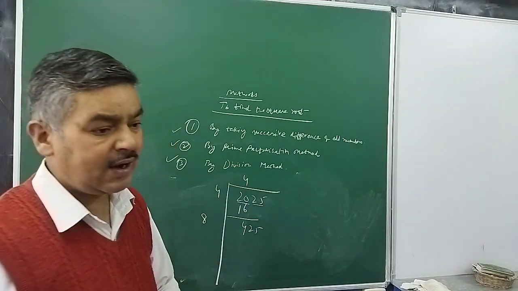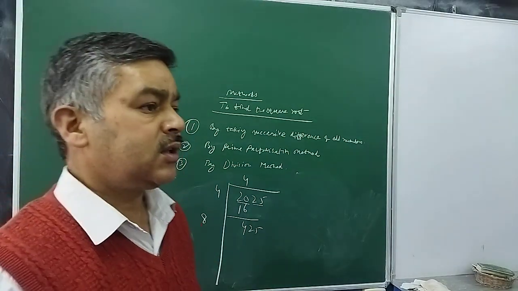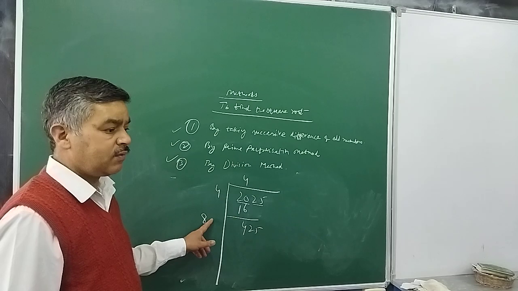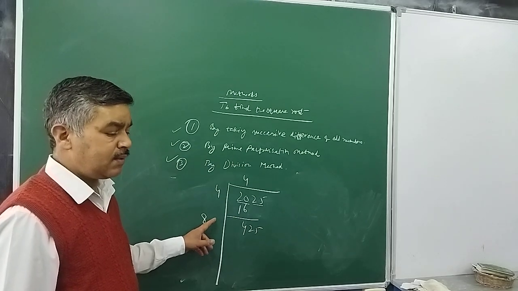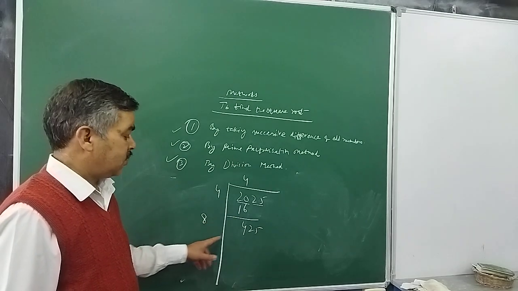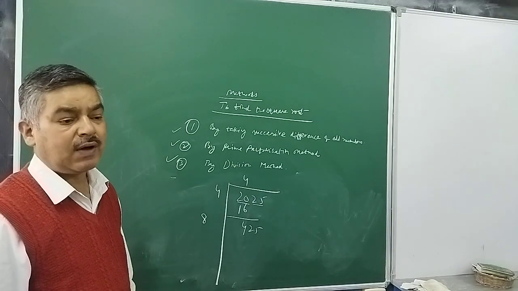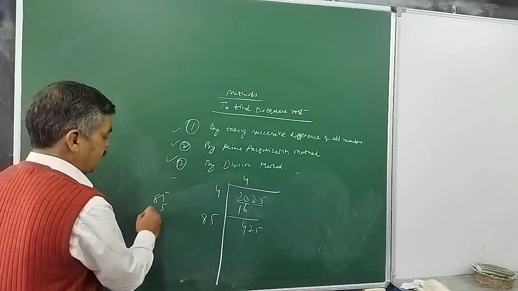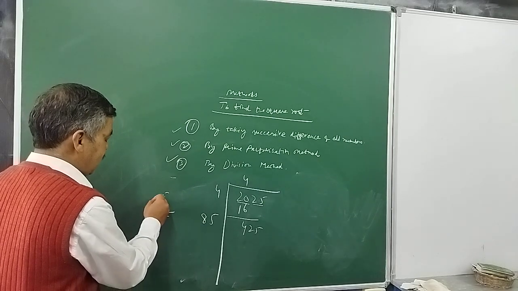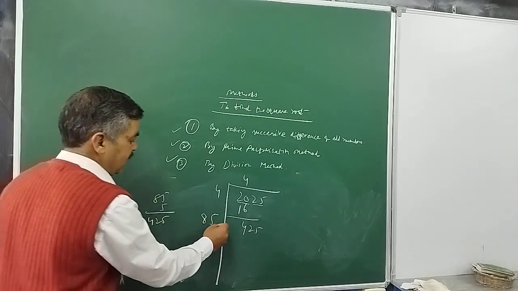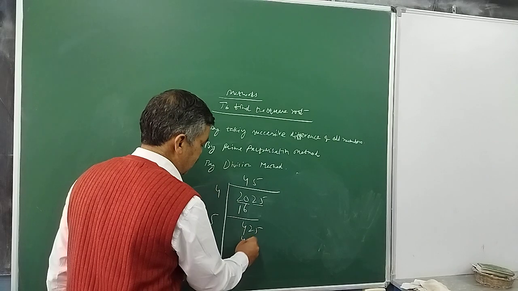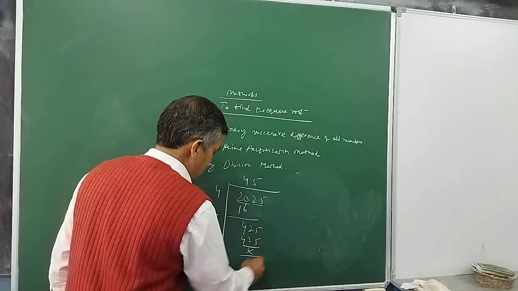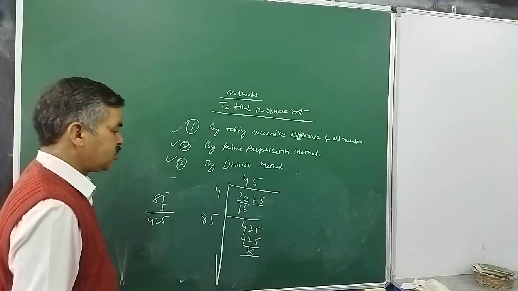So immediately I have to think what number I should put here so that when I multiply it at units place, I will be getting 5. That is definitely 5, and in the rough margin you can check 5 5s are 25. So we put 5 there, this is 425 and the remainder is equal to 0.